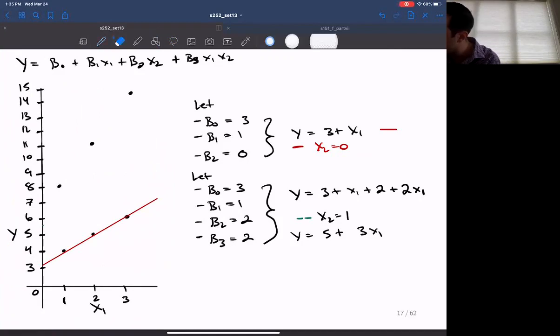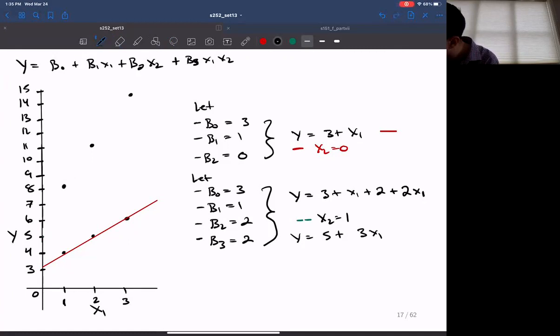So you can see that the interaction term in this case is actually dramatically changing the slope of the fitted line. I gotta get this to be straight though. Okay, I'm trying to get this to be as straight as possible.